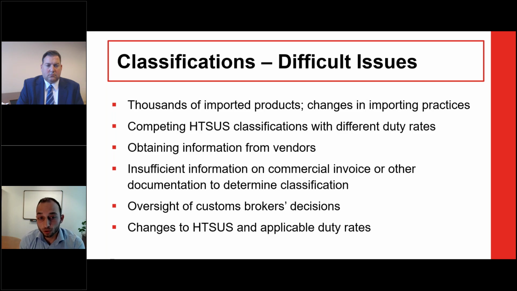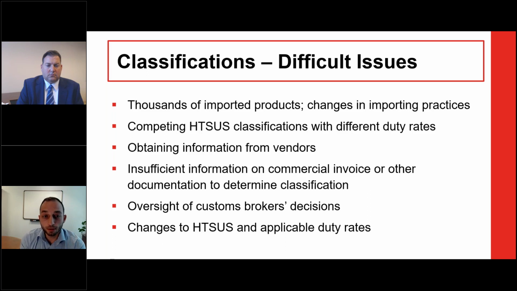And in addition to that, there may be different possible HTS classifications with different duty rates that would have a significant impact on the bottom line of the company. So sometimes it's a judgment call, but it's important to make sure that you have a reasonable analysis when you're making those determinations.